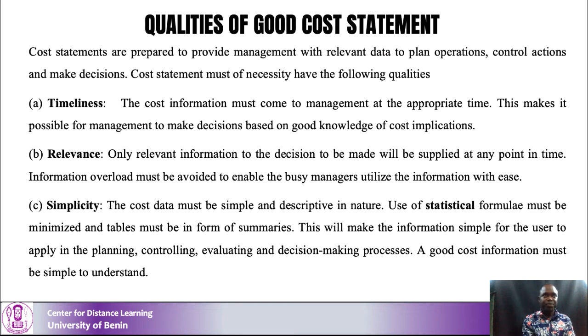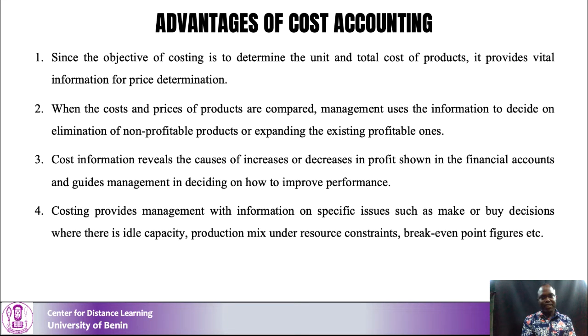In other words, irrelevant information should be extracted from the information provided to the manager for the purpose of decision making. Simplicity: cost data must be simple and descriptive in nature. The use of statistical formulas should be discouraged as much as possible. Good cost information must be simple to understand.